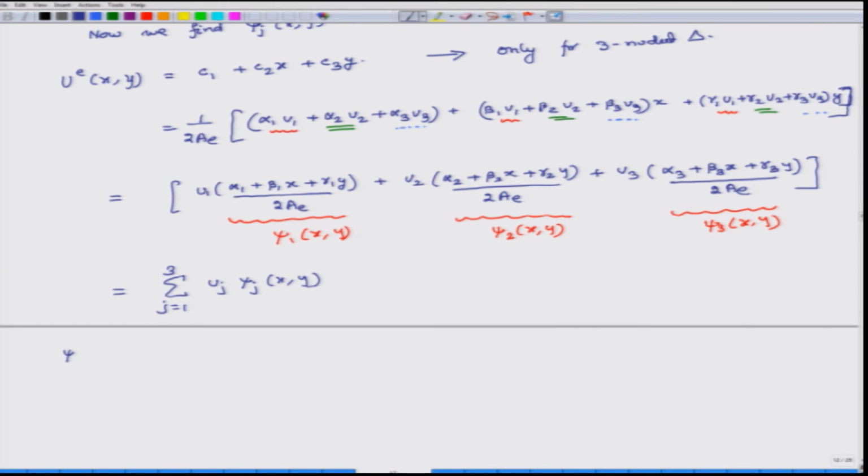where psi 1 xy equals alpha 1 plus beta 1 x plus gamma 1 y, psi 2 xy equals alpha 2 plus beta 2 x plus gamma 2 y. Yes.